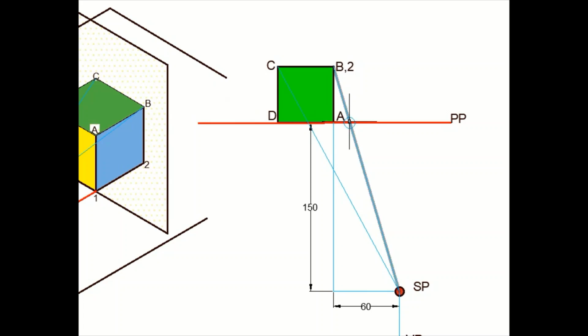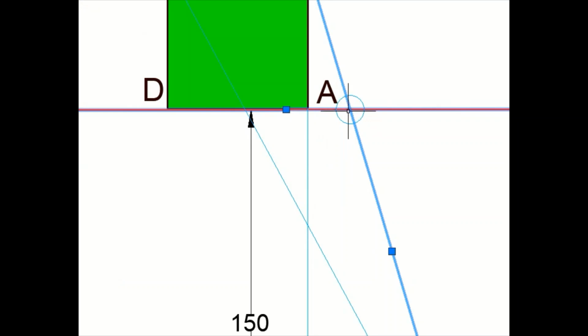So the line connecting B in the top view with the station point, wherever it meets the picture plane line, that point of intersection is called the piercing point.